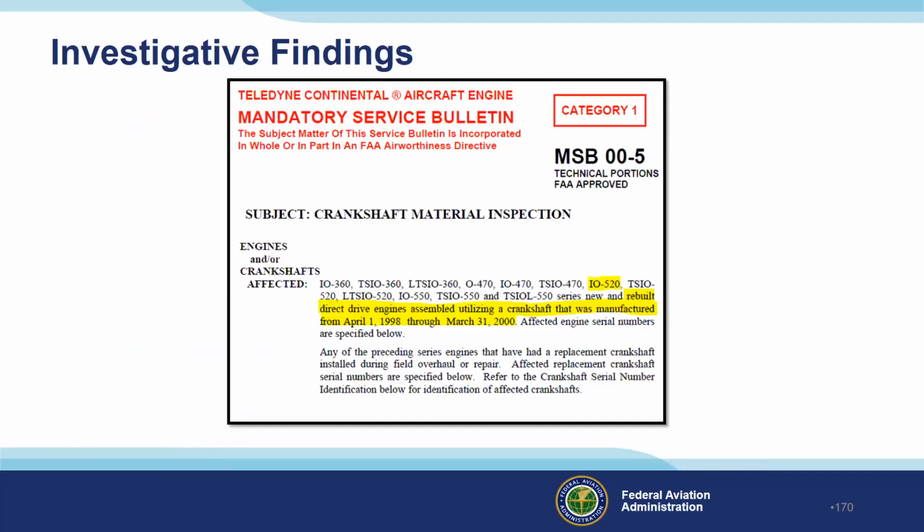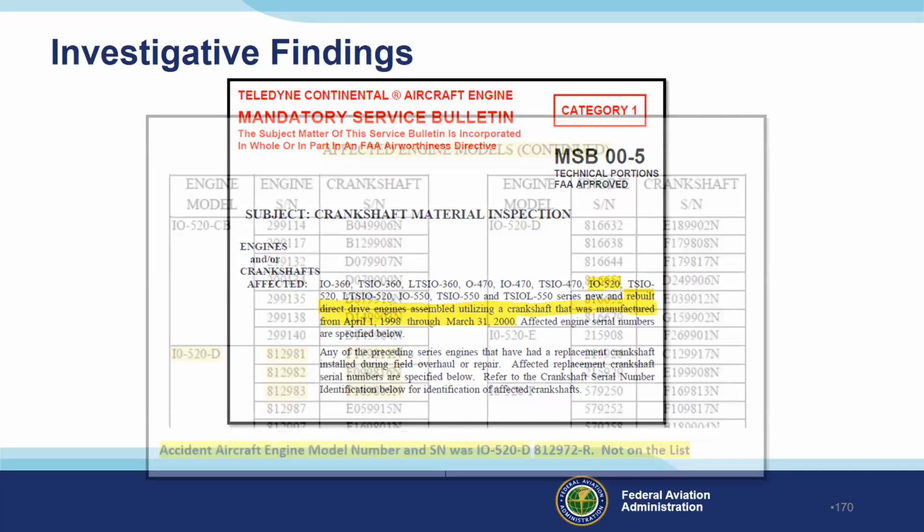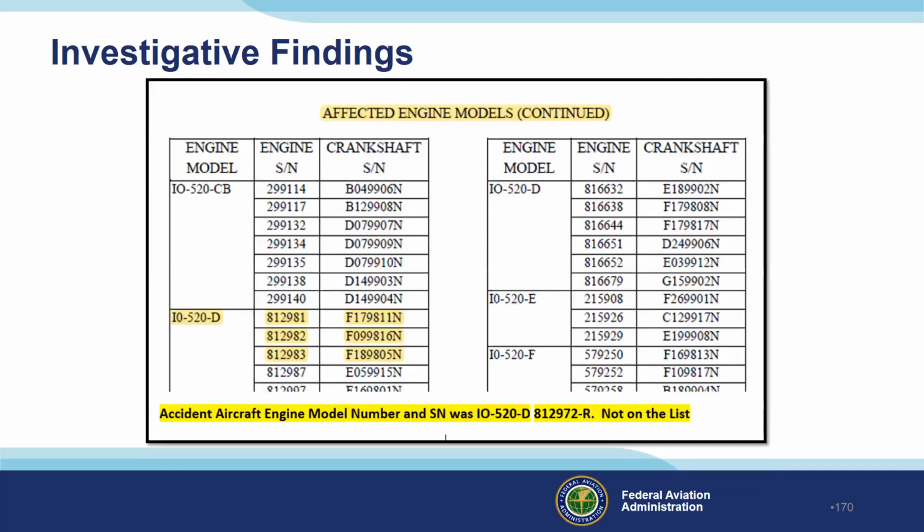Here is the service bulletin that was incorporated from April '98 through March of 2000. Here are the affected engine models and the engine model number and serial number, and they are not on the list.